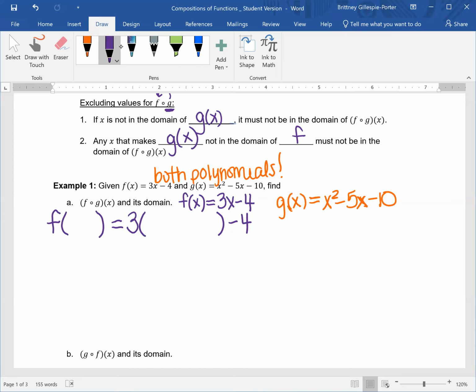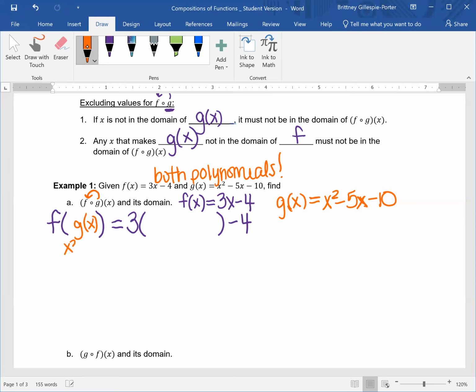My minus 4 stays the same because he didn't have an x on him. But here, we need to plug g into our f function. So instead of f of x, we're going to have f of g of x.